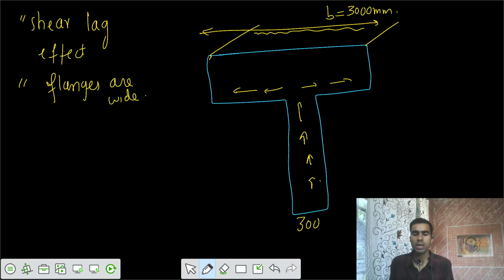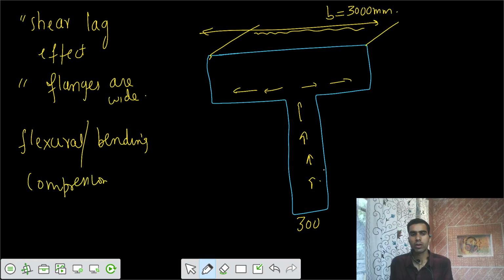What's going to happen? Because of this flexural bending, we have compression at the top for sagging moment.